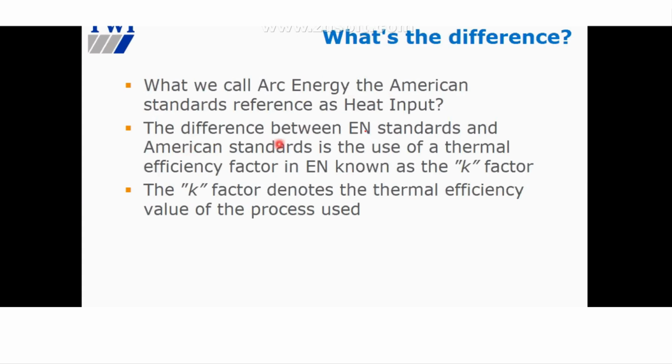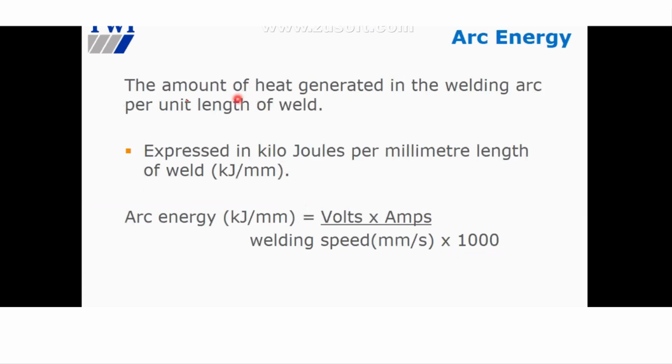The difference between European and American is the use of thermal efficiency factor. In European, call it K. The K factor denotes the thermal efficiency value of welding process. The amount of heat generated in welding per unit length of weld is expressed in kilojoule per millimeter.